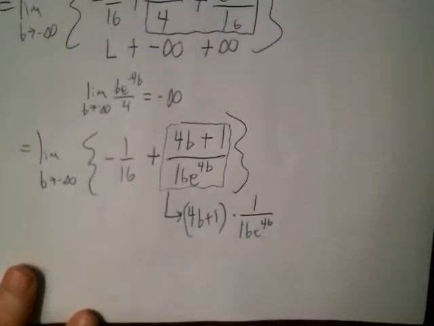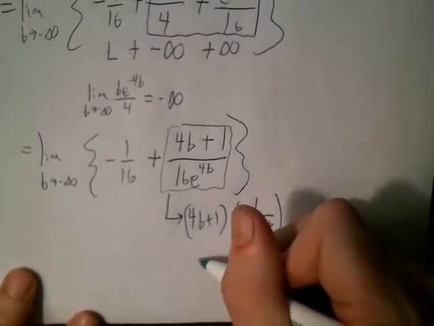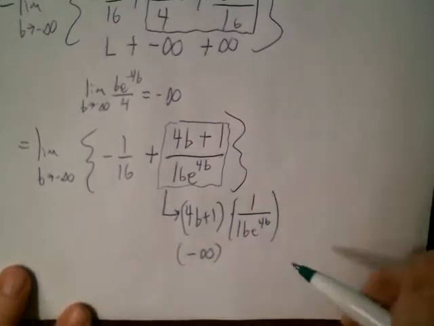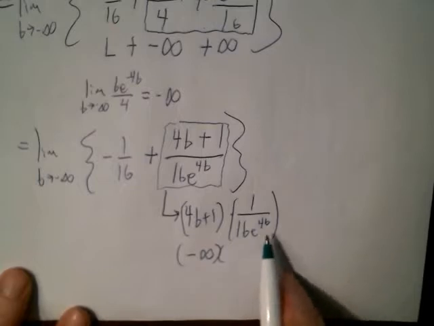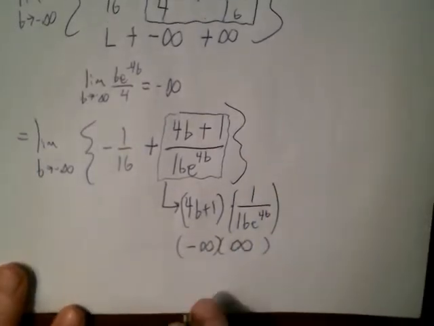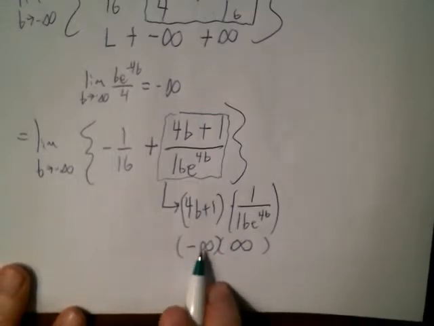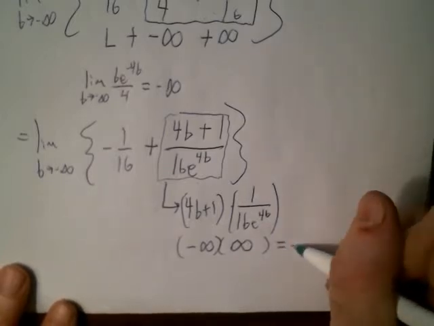Okay. Now, what are these things? So as b goes to negative infinity, this first part will go to negative infinity. The second part here, if b is going to negative infinity, this thing will go to positive infinity. Okay, I think we're getting somewhere now. This is a determinate type. If you multiply infinities together, you just get infinity. In this case, you get negative infinity in particular.